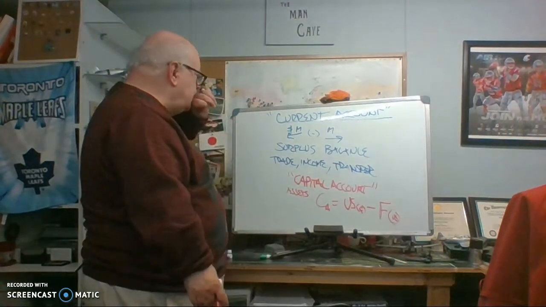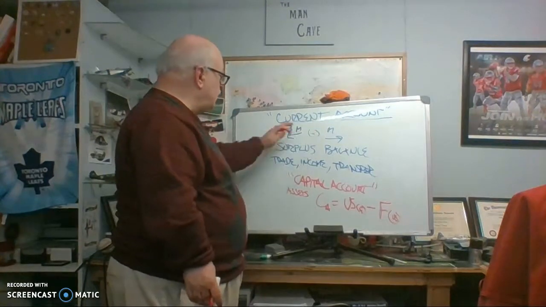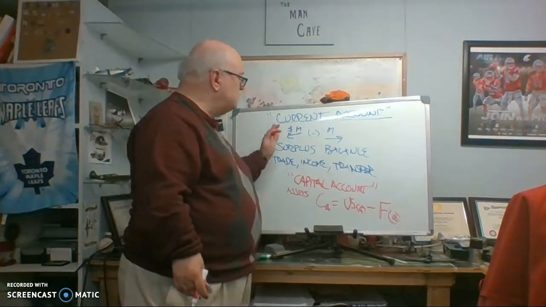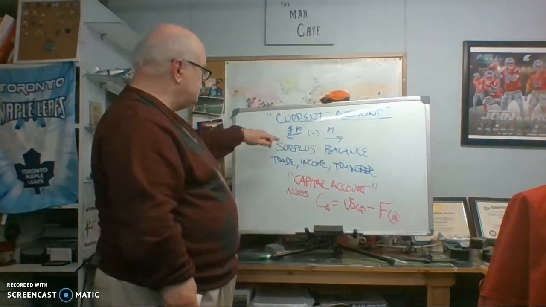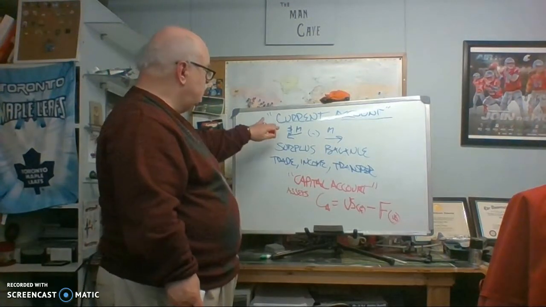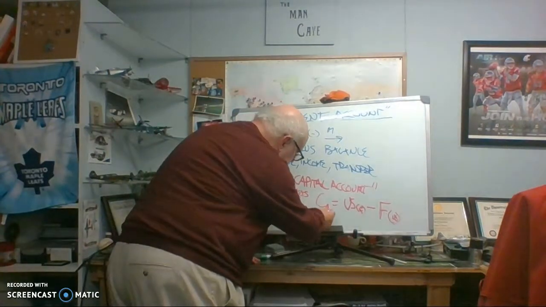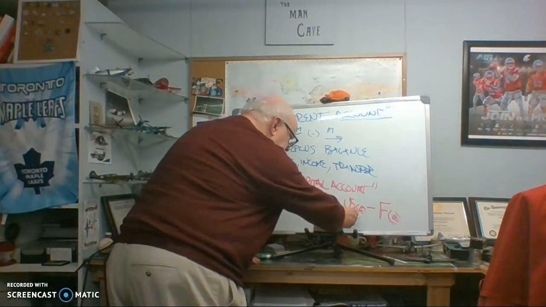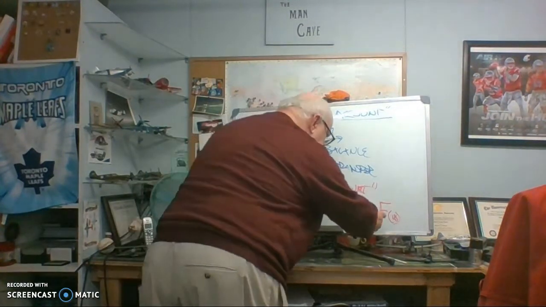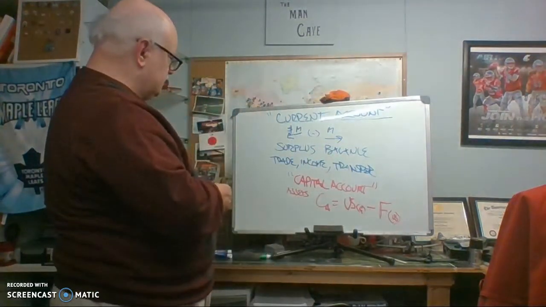The current account balance equals all money involved with trade coming in minus money going out. If that's positive, we have a surplus. If it's negative, we have a deficit. The capital account balance includes foreign purchase of U.S. assets minus foreign assets purchased by the U.S. Okay?